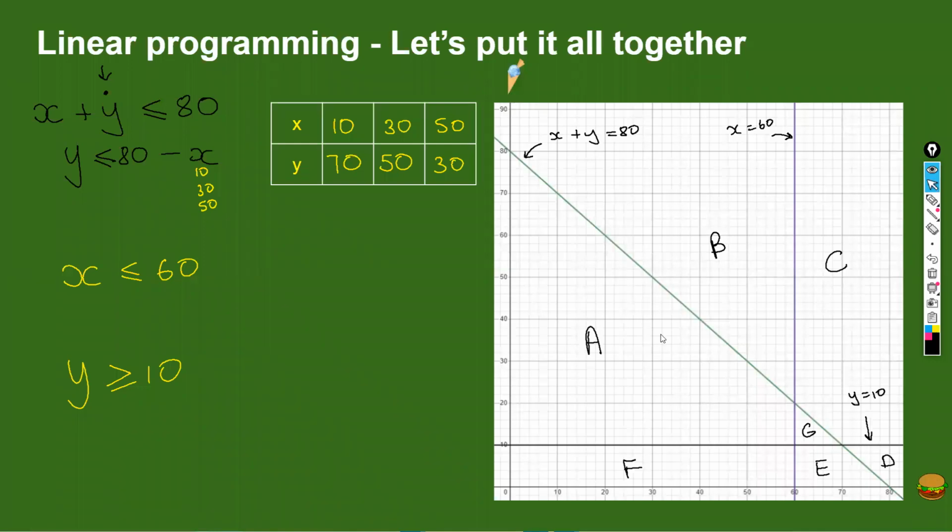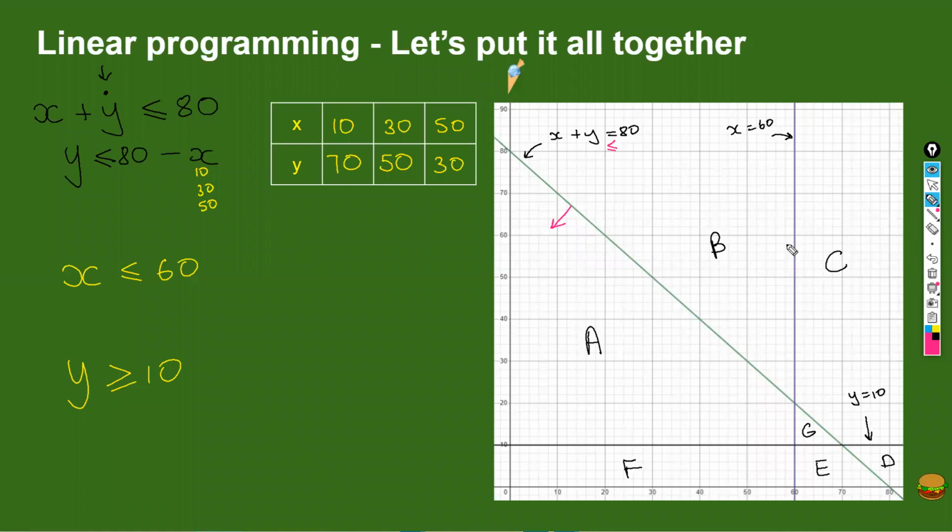So we're trying to figure out where to shade, right? For this one here, remember, it was a less than or equal to. So if it's less than or equal to, we have to shade below the line. So for this green line, everything underneath here will get shaded, pretend it's in green.